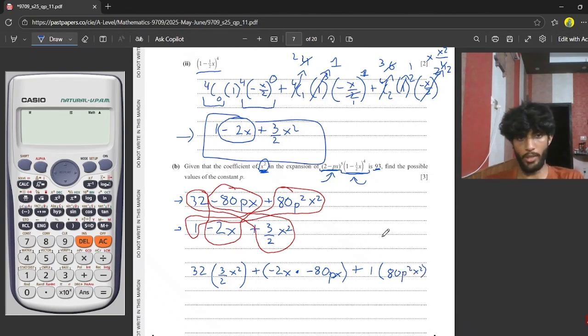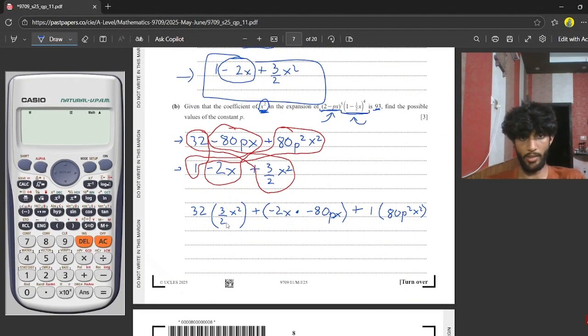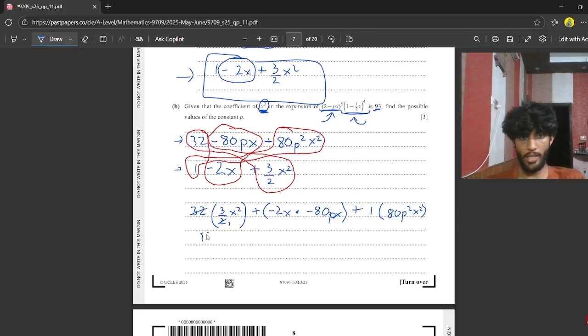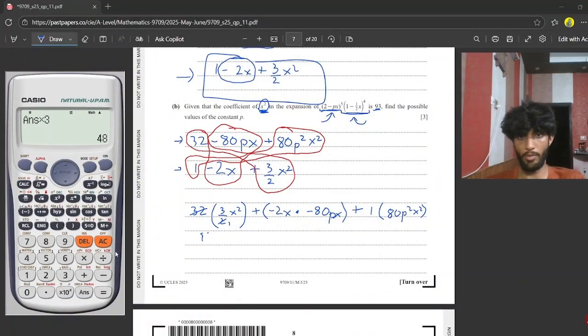So this term is going to be 2 times 1 is 2, and 32 divided by 2 is 16. We're going to get 16 times 3, which is 48 x squared, and negative 2 times negative 80 is going to be positive 160p x squared.